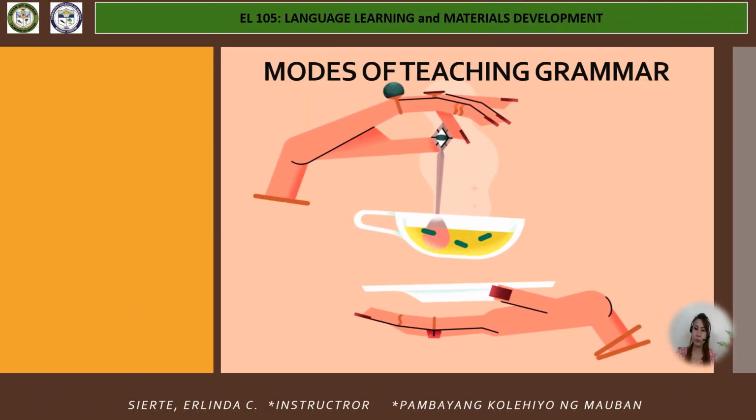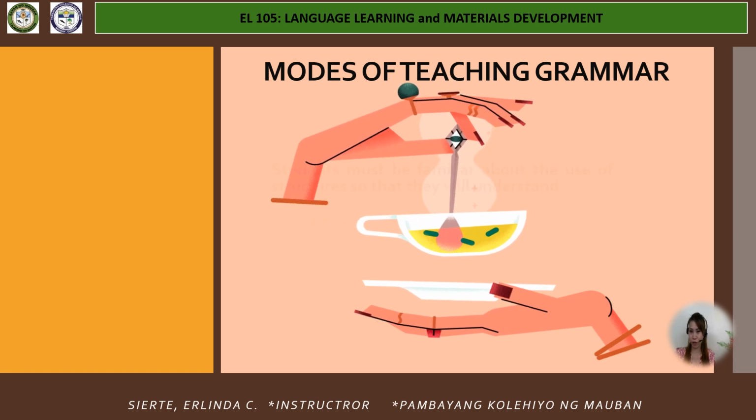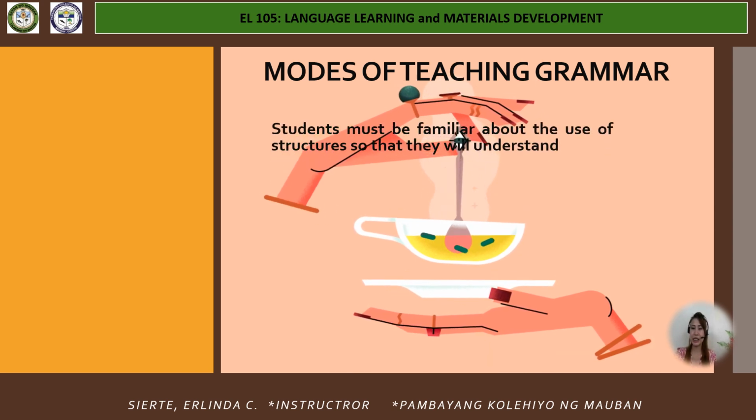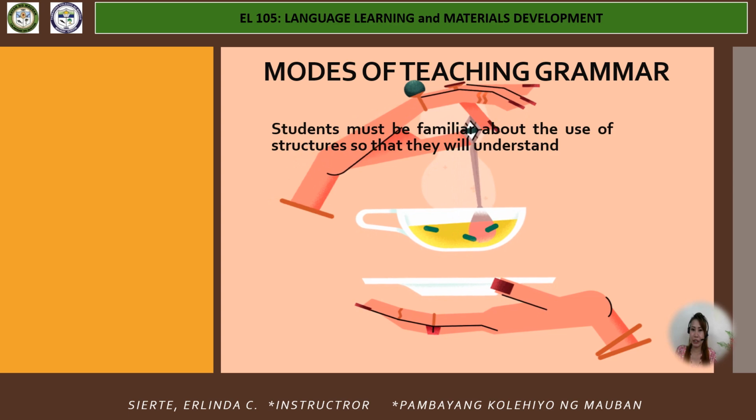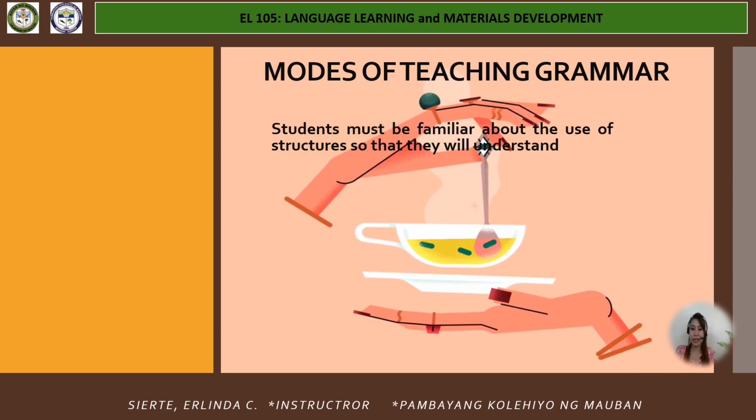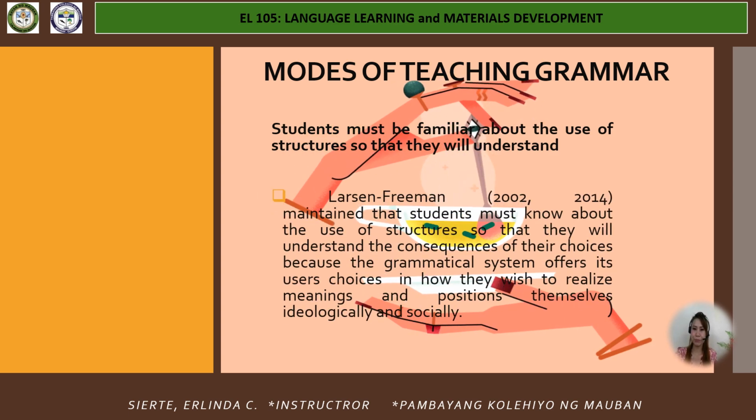So let's proceed to the modes of teaching grammar. Students must be familiar with the use of structures so that they will understand.